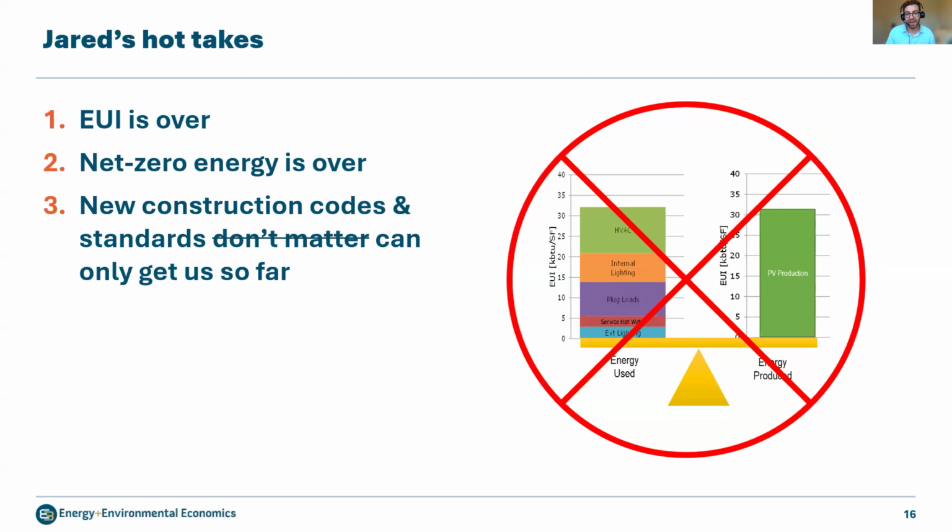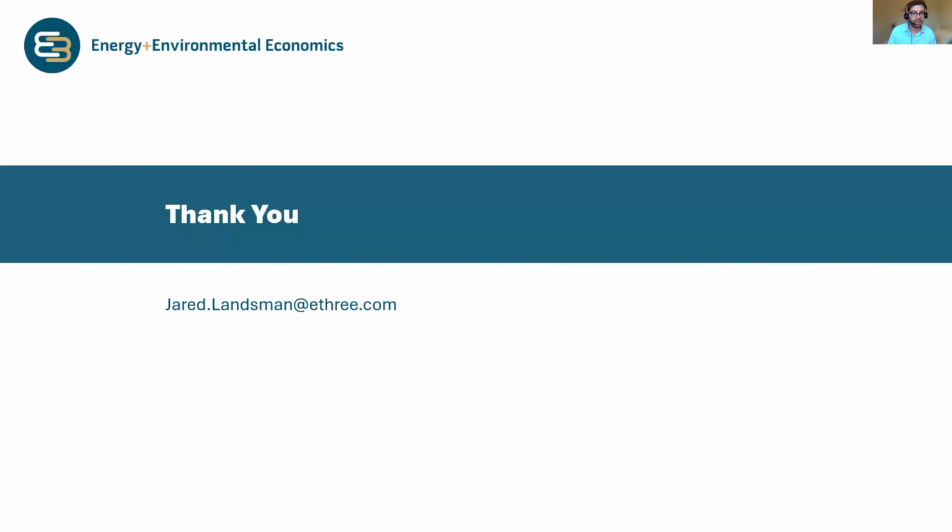I think at this point, we're really only making incremental changes to the new construction codes and standards that don't have a huge impact on state emissions. And we need to start thinking about how to address the existing building problem. And so I pose that to the community at large: how can we do a better job at addressing that? That's all I have. Thanks, everyone.